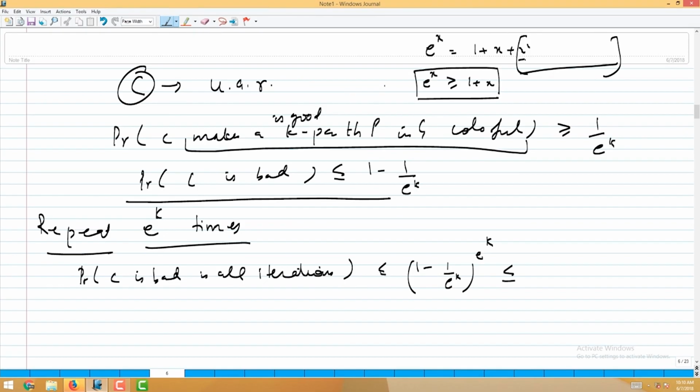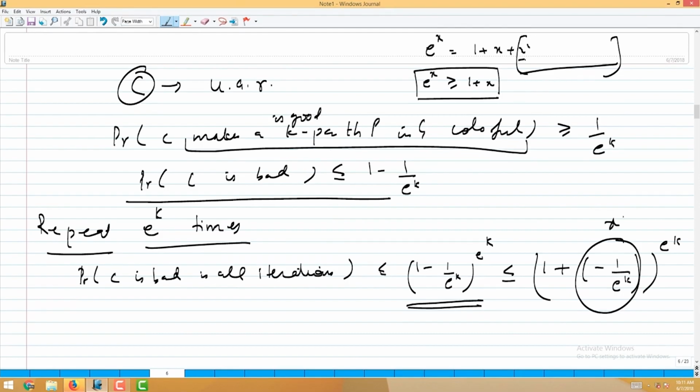So now I want to use this expression to simplify this. And how will I simplify this? This can be written as 1 plus x, so consider this as x. So 1 plus x, and now use this. This is nothing but e power minus 1 by e power k, and this e power k here.